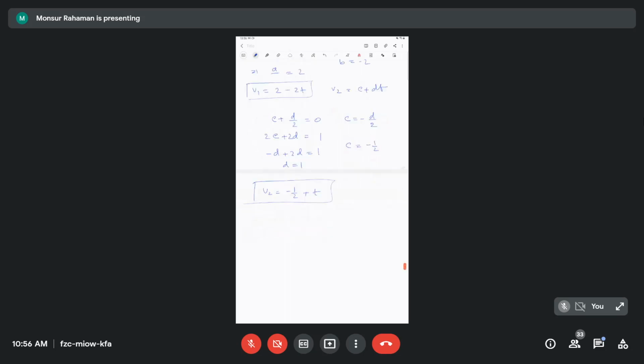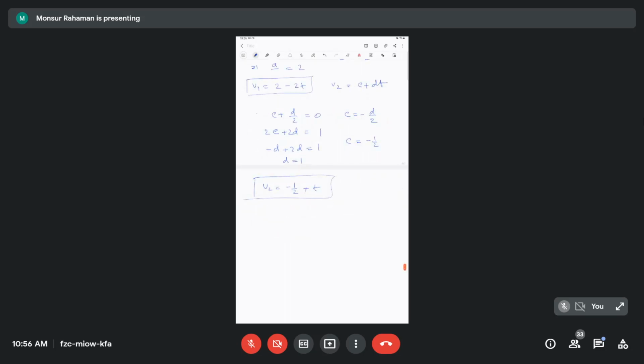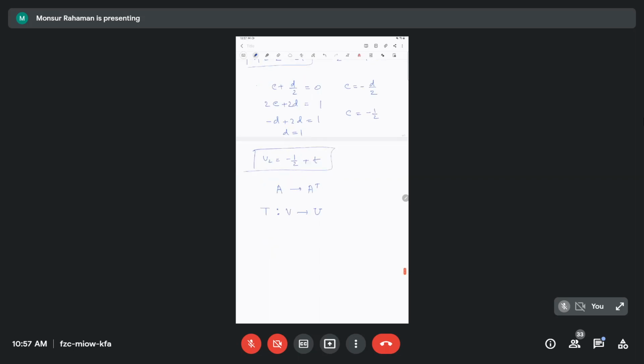Plus t. So the transpose of a linear transformation is defined in the following way. Suppose for a matrix A we have A transpose, but for a linear transformation, if V and U are two vector spaces and T is a linear transformation from V to U, its transpose is defined as going from U star to V star, the dual space of U to the dual space of V. These consist of functions.